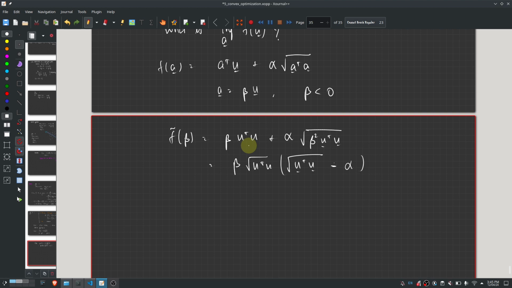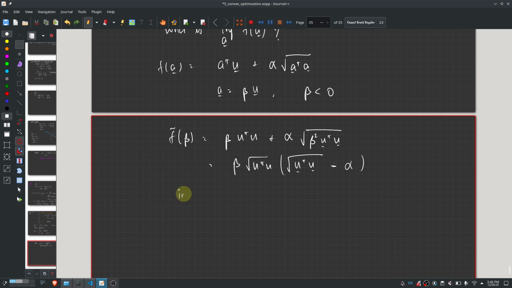So when will f tilde of beta go to minus infinity? Correct, if this is greater than alpha, then f tilde of beta can go to minus infinity.